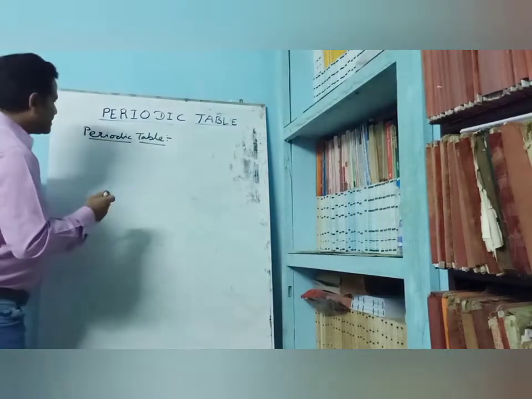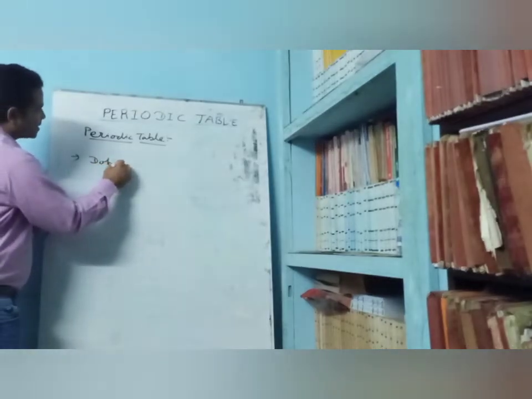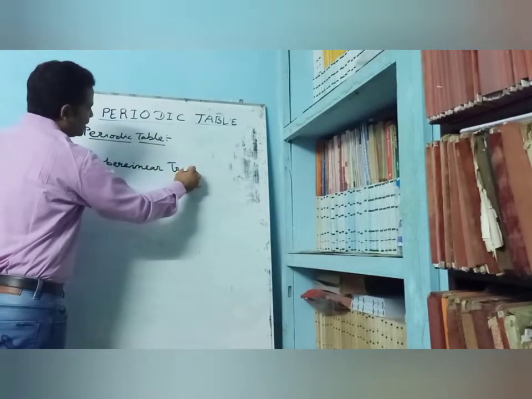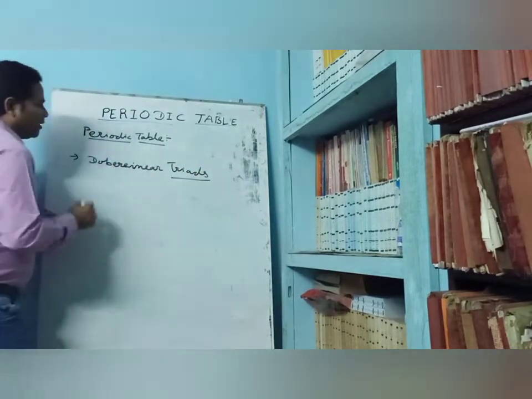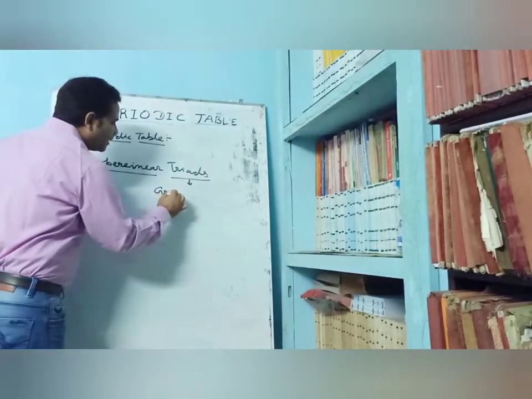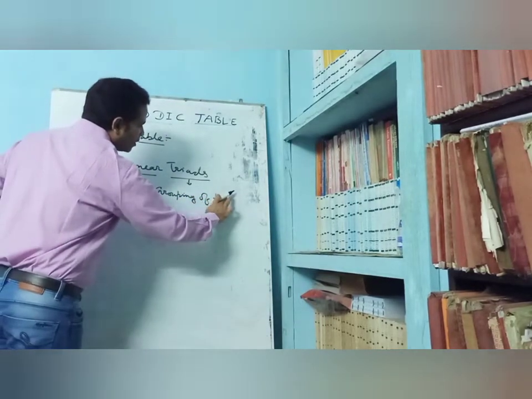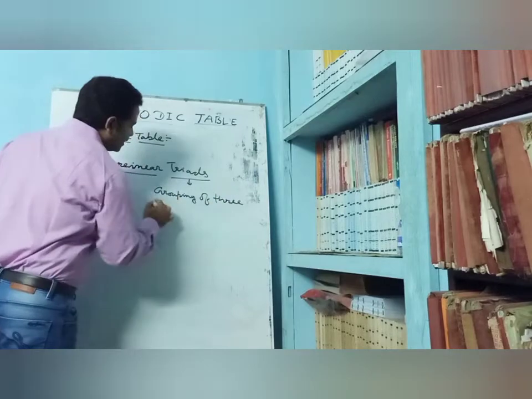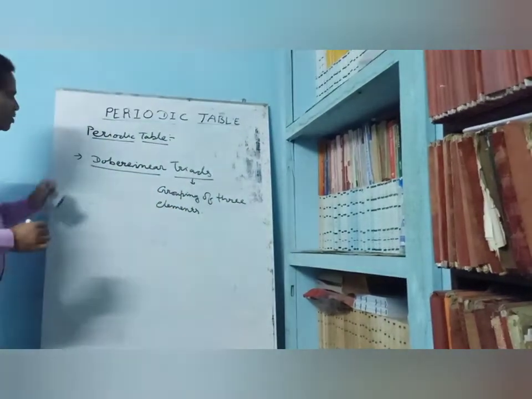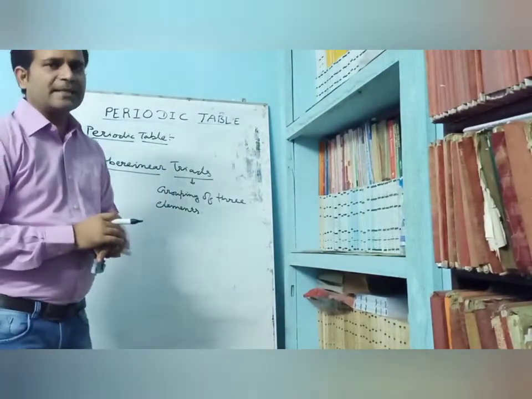I am writing here the name of the scientist, Dobereiner triads. Dobereiner is the name of the scientist, and triad means grouping of three elements. Dobereiner's triads arranged the elements on the basis of their atomic masses.